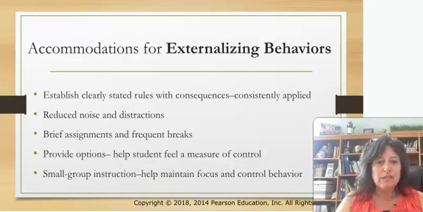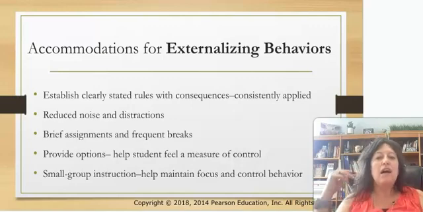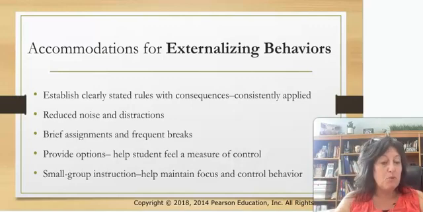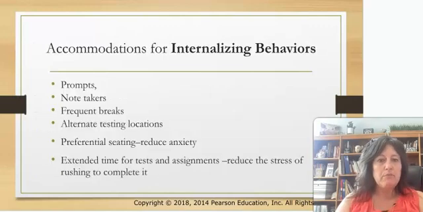Reducing extra noise and distractions, that idea of making assignments more brief, allowing more breaks, providing options. That's one way to get out of a power struggle with a student with externalizing behaviors, is to provide an option for the student. It allows them to feel a measure of control. And then utilizing small group instruction because it helps keep the student focused and helps with controlling behavior.